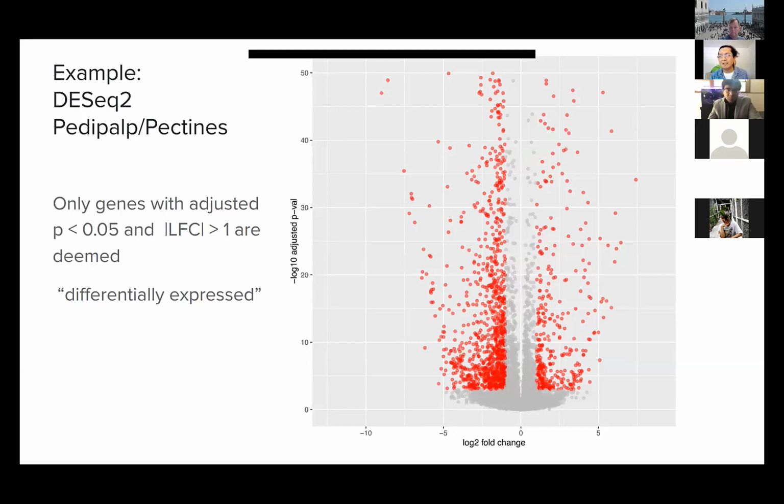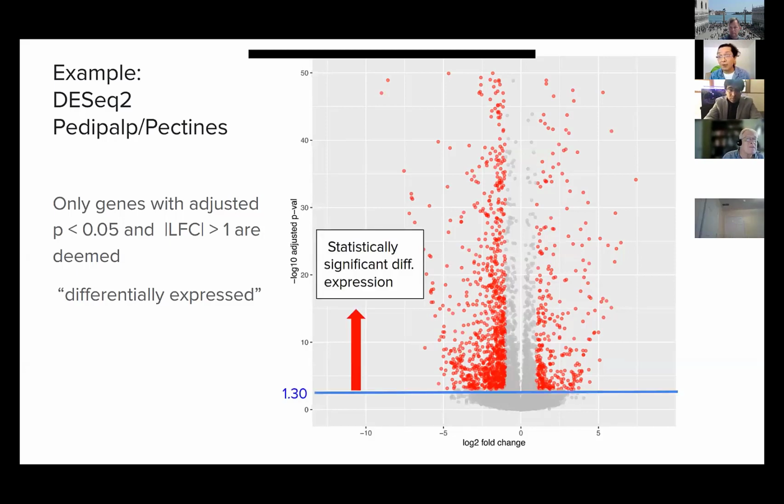And this is represented here in these volcano plots, the result of differential gene expression, in which every single dot here represents the expression level of a particular gene and their significance. And this is exactly what the y-axis tells us. Above this blue line here are the genes whose expression level is considered by the differential gene expression program to be statistically significant at a significance level of 0.05.